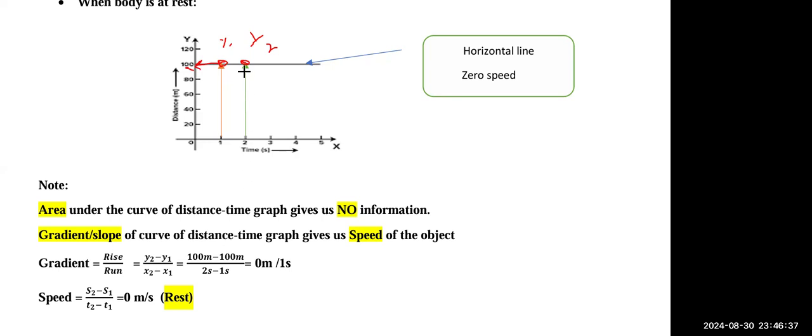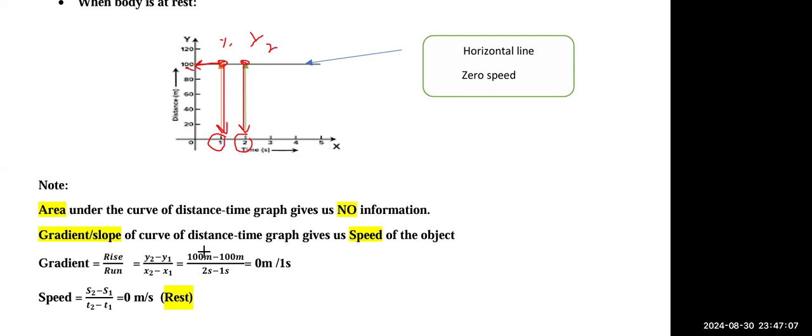Now you have to find the value of x2 and x1. Check the graph where you selected y2, then move vertically downward and find the value from the x-axis, that is 2. So this is 2 seconds. It is the value of x2. And where is y1? Again move vertically downward and find the value.